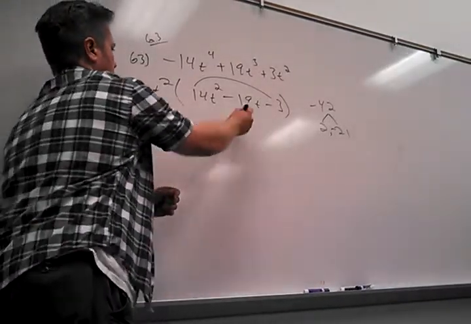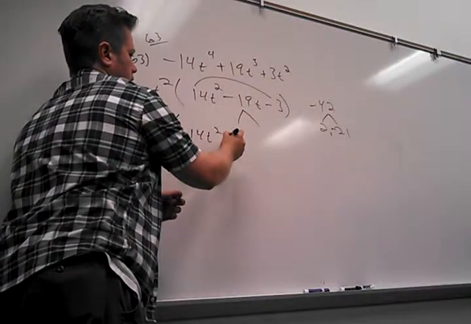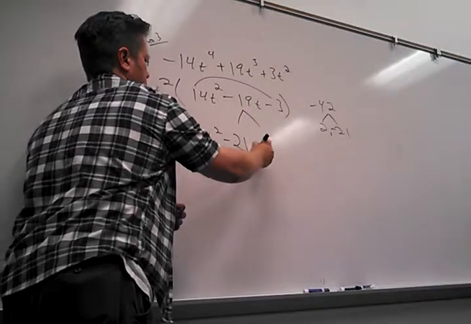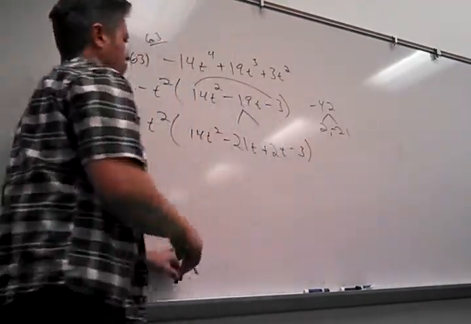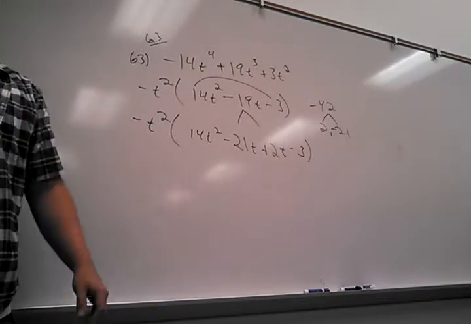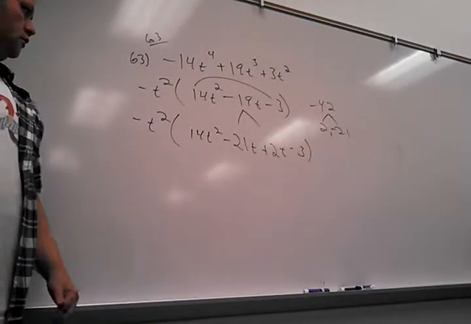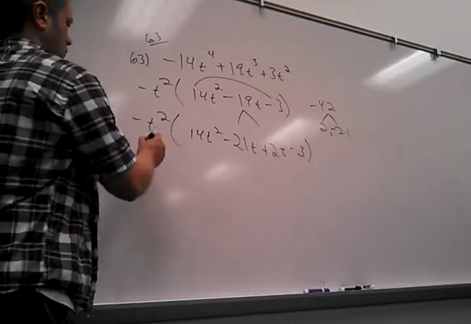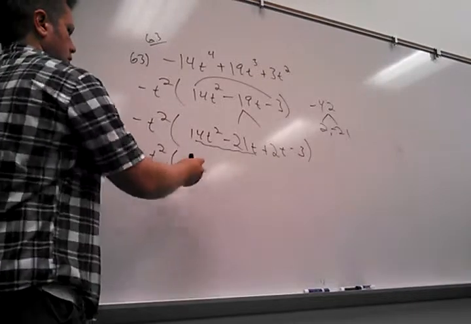And I can break up my negative 19t as, good, I'll put the negative first, negative 21t plus 2t minus 3. And then group. So the same so far? What comes out of these two? 7t.